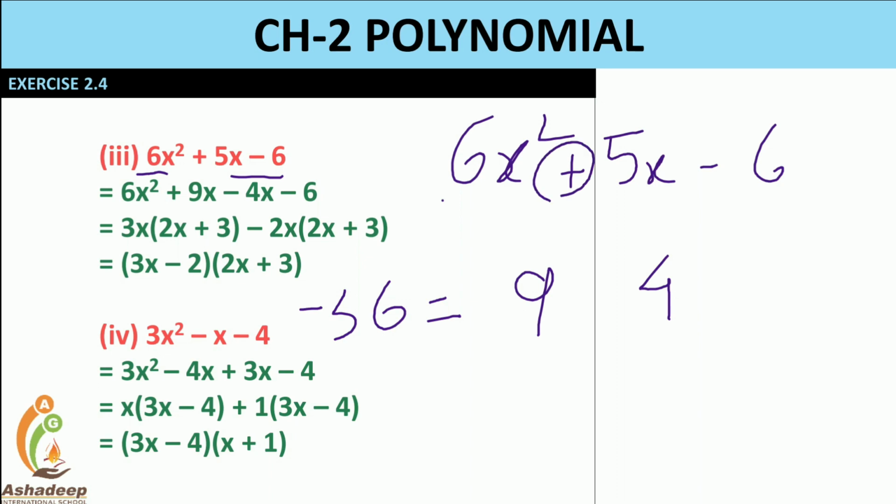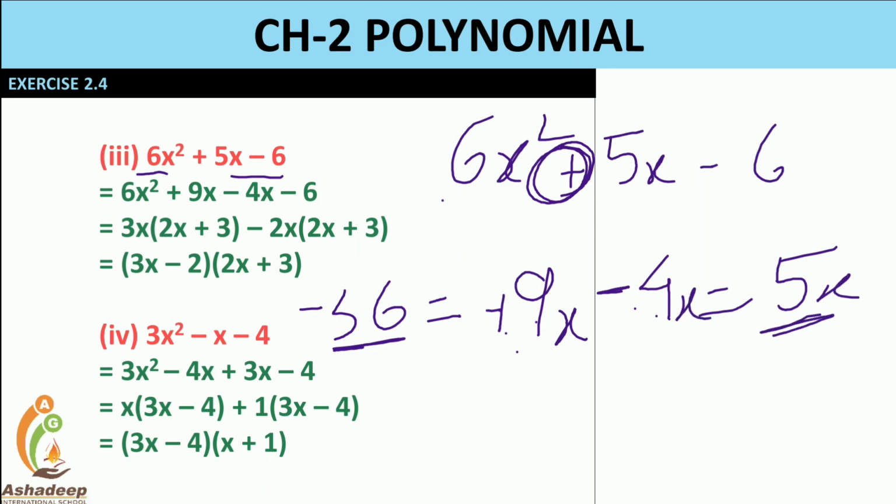Now the middle term's sign goes with the bigger one, and the other one goes with the smaller one. So 9 fours are minus 36. Now plus 9 minus 4 is equal to plus 5. So plus 9x minus 4x is equal to plus 5x.